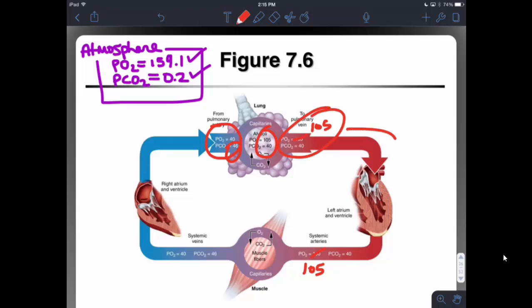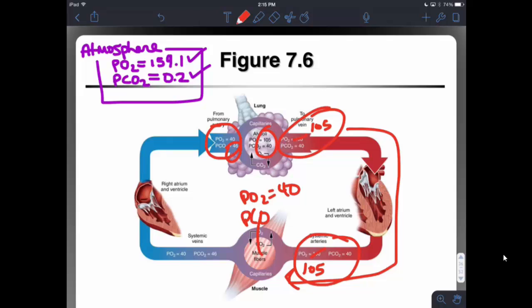That blood is going to continue through the system. It's going to end up in our cells. We still have 105 and 40. At rest, what we see in the cell is a PO2 of 40 and a PCO2 of 46. Okay, that is going to favor oxygen coming into the cell because this PO2 out here is higher than the PO2 in the cell, and it's going to equilibrate with what's in the cell, which is 40.